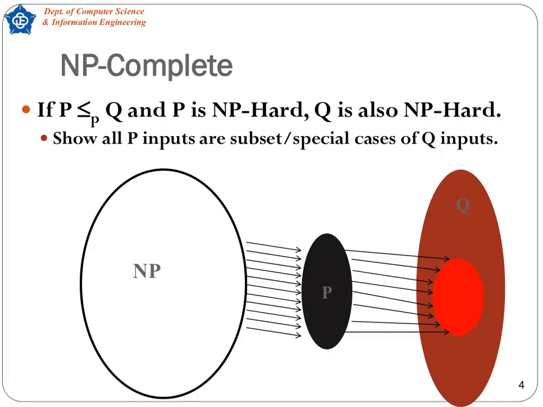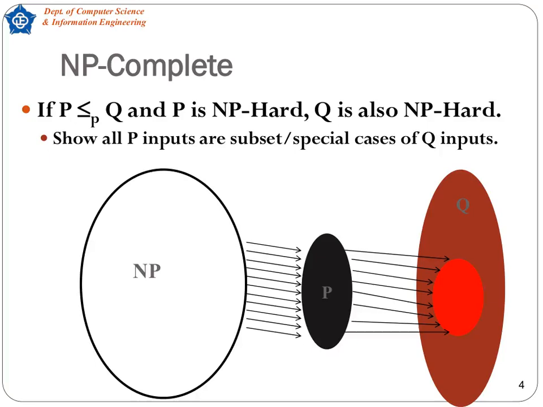Building on our last point, we now capture the essence of NP-completeness through polynomial reductions. On the left, the large oval represents NP, and inside sits problem P, which we already know is NP-hard. The arrows leading from P into Q on the right illustrate a polynomial time reduction. Every input instance of P is efficiently mapped to a corresponding instance of Q. The red region inside Q's oval highlights that these mapped instances form just a special subset of Q's entire input space.